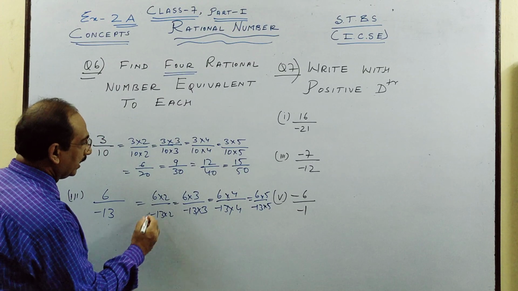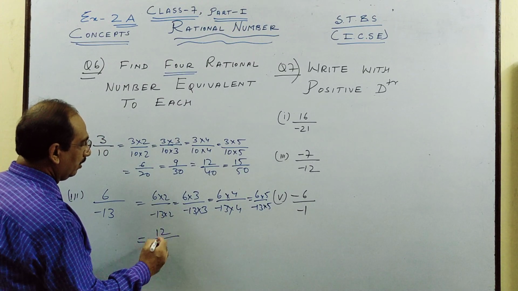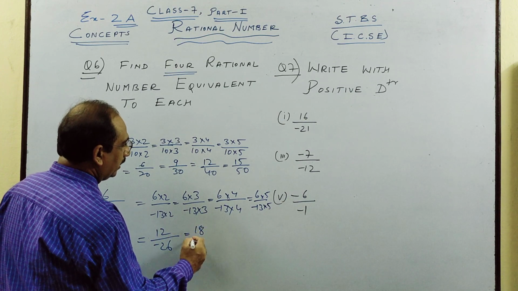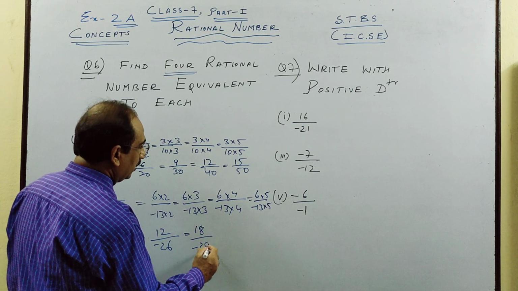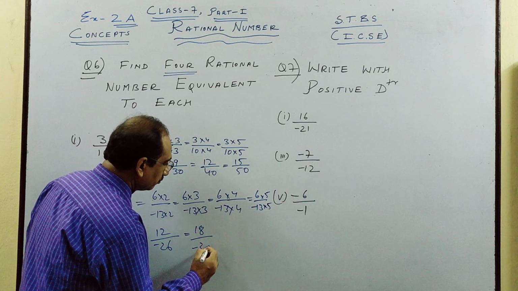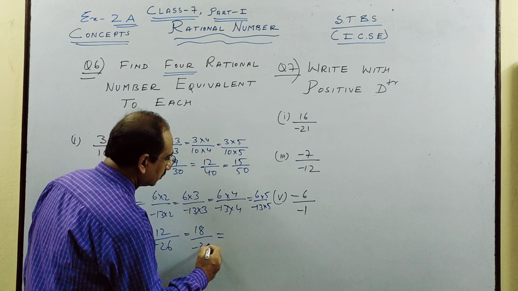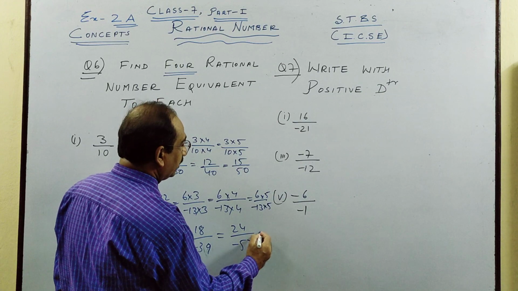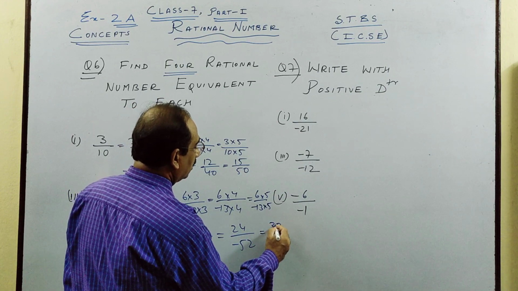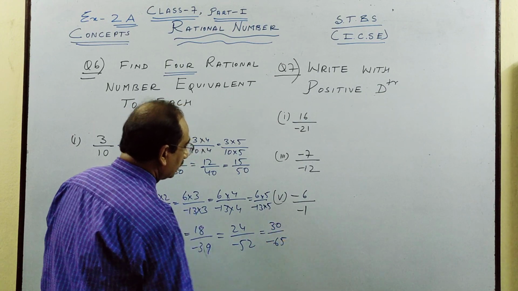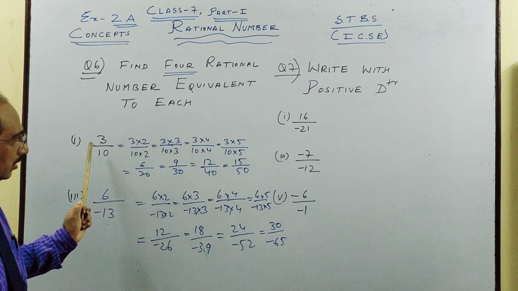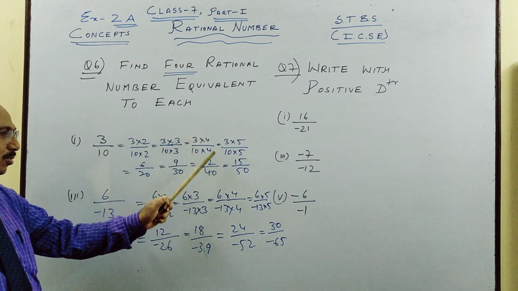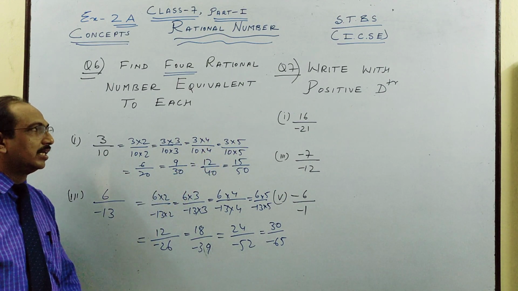So this we get 12 by minus 26, 6 3s are 18, minus 39, 24 by minus 52, and 30 by minus 65. These are called equivalent. So multiply given fraction by 2 by 2, 3 by 3, 4 by 4, 5 by 5 and get the result.